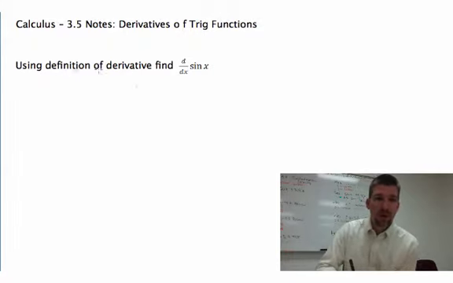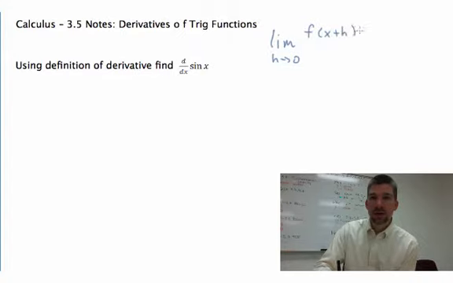But first, let's go ahead and look at the derivative of the sine, but let's look at the limit rule. So we're going to take that whole limit rule: the limit as h approaches 0 of f of x plus h minus f of x all over h.